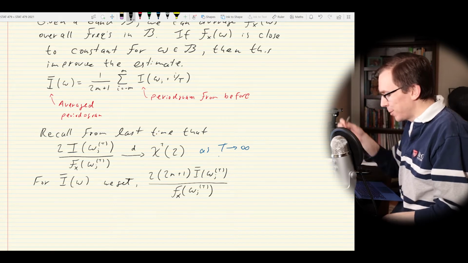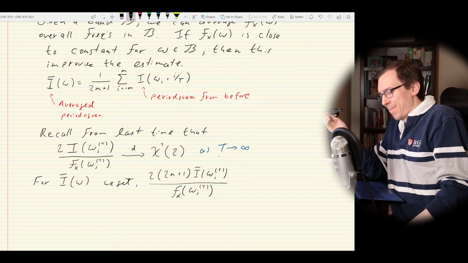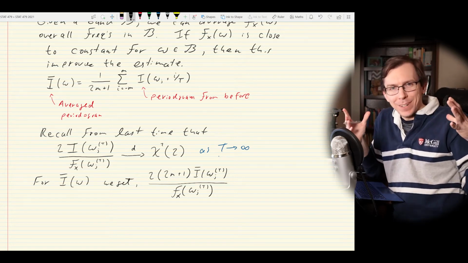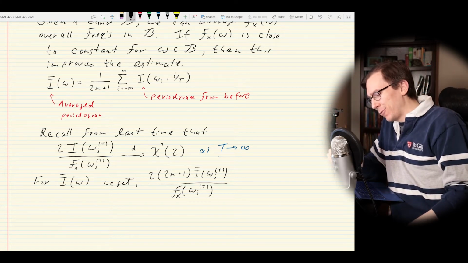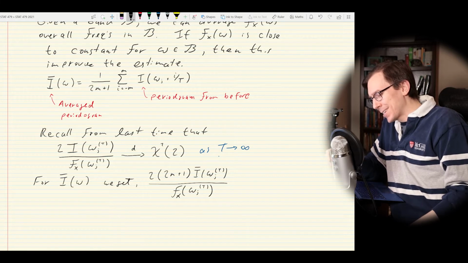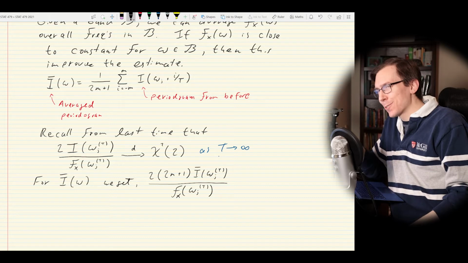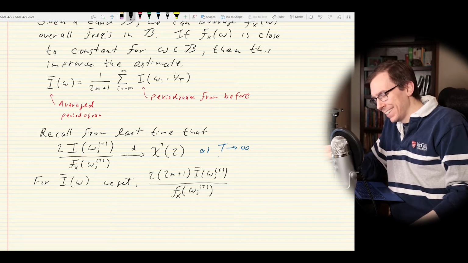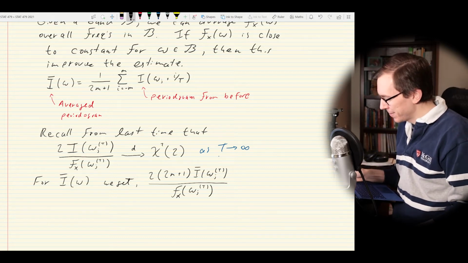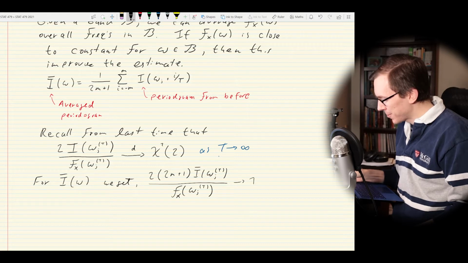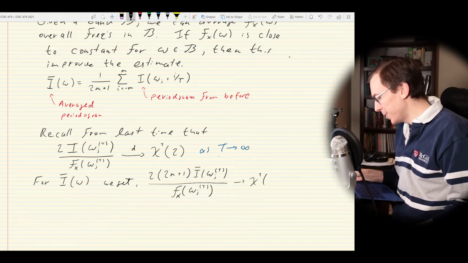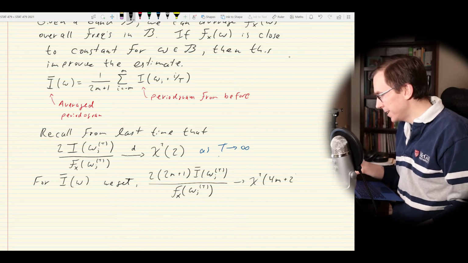All right, so this thing, what's it going to converge to? What do you think the answer is? Well, if one of these goes to a chi-squared with 2 degrees of freedom, and now we have 2m plus one of these, it's going to converge to a chi-squared distribution with 2 times 2m plus 1, which is 4m plus 2 degrees of freedom.